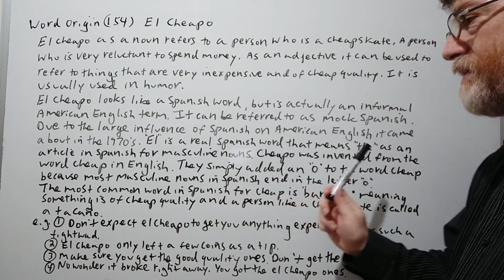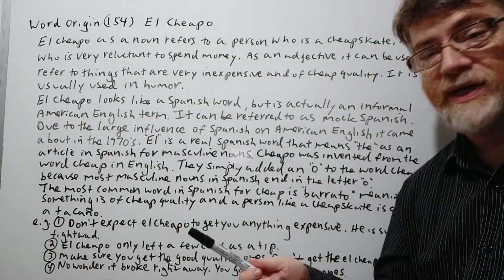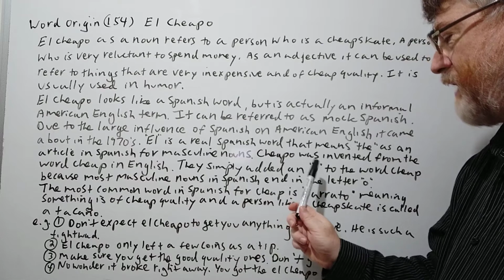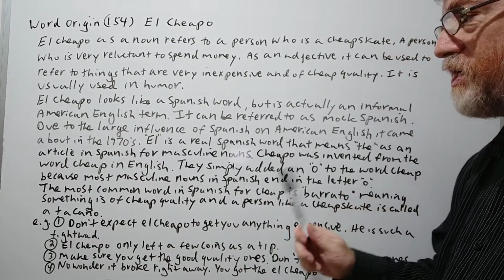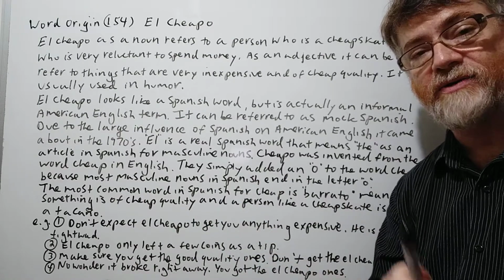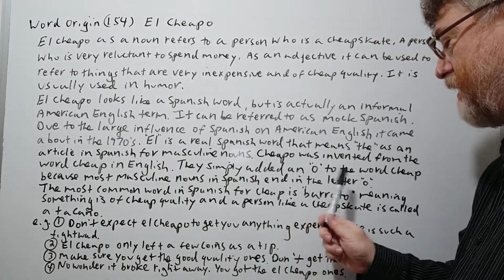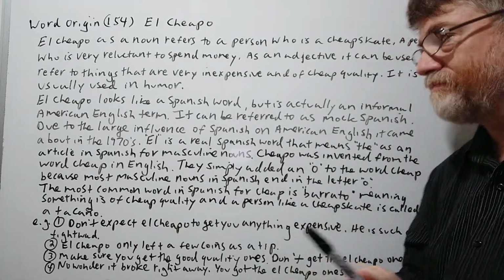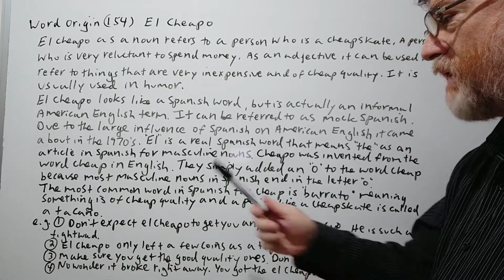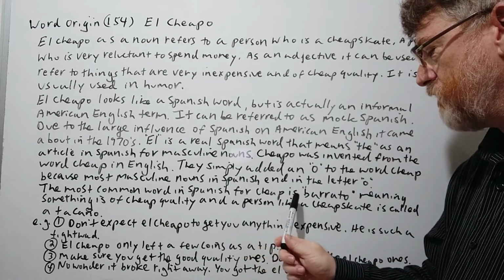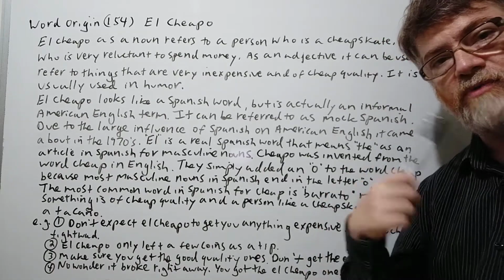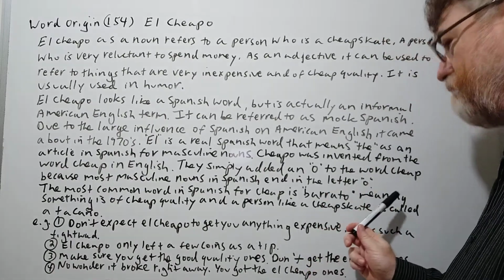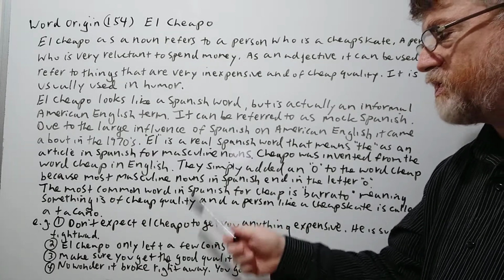Cheapo was invented from the word cheap in English. They simply added an O to the end of the word cheap because most masculine nouns in Spanish end in the letter O. The most common word in Spanish for cheap is barato, with that rolling R sound, meaning something is of cheap quality.